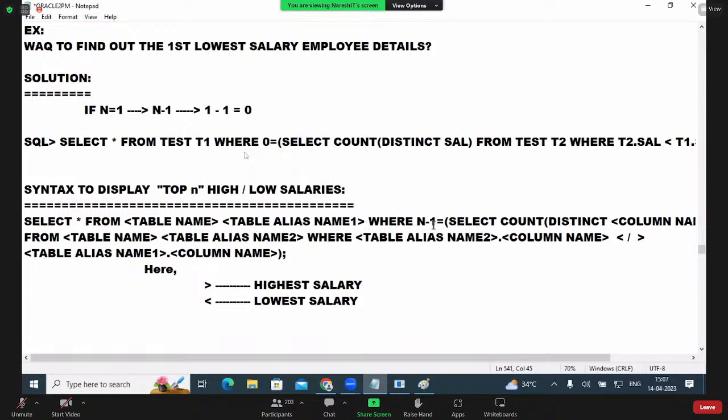So what is your syntax difference now? In place of n minus 1, put n greater than. That's it. Remaining all are the same.